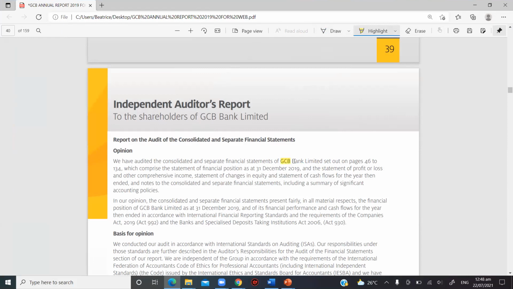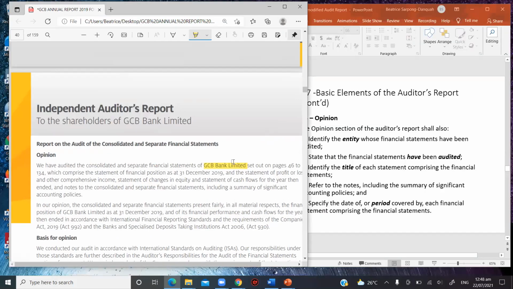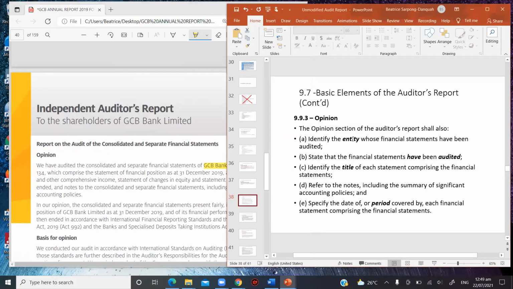You realize that of GCB Bank Limited, the name of the organization has been clearly stated. So the name of the entity which has been audited will be stated.